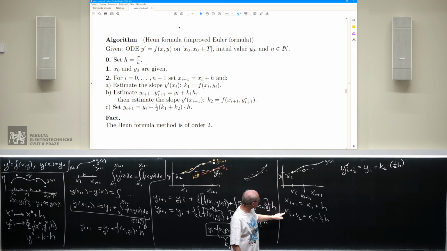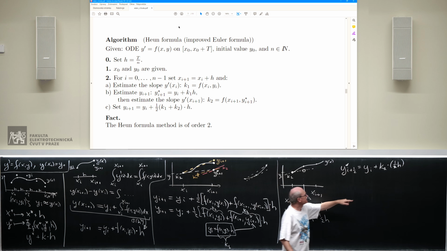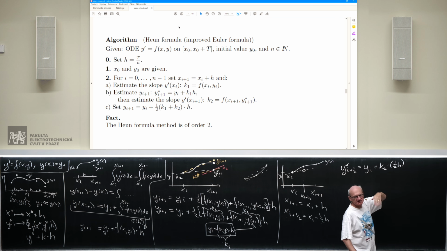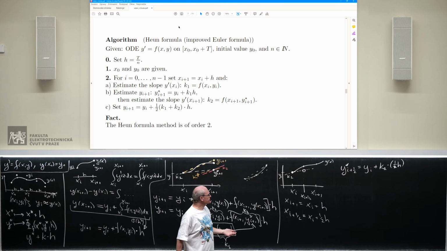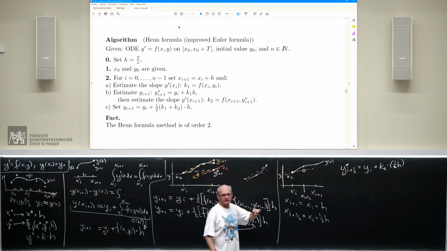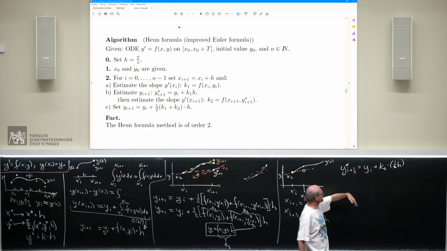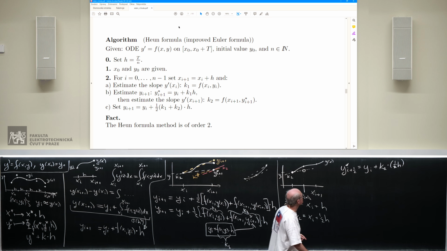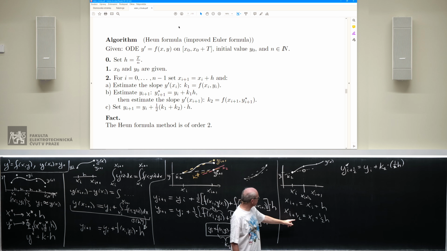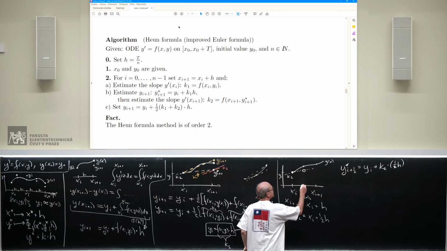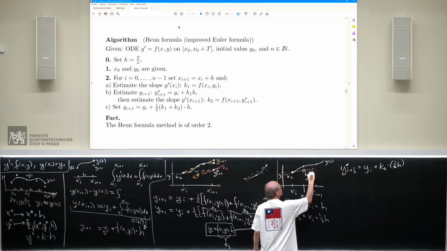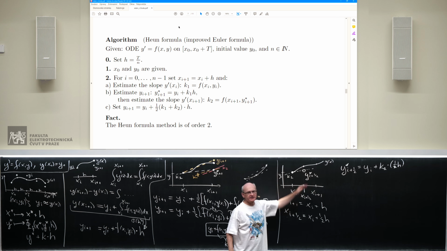So if I'm moving here by half a step, then also here I have to move by half a step, otherwise the data is not consistent, otherwise it's nonsense. So this is another thing we will have to focus on when we are developing more powerful ideas. Okay? So I move half a step to the right with x, I move half a step to the right along the corresponding segment, and I end up here. This is y star i plus 1/2, and I check on the slope at this place.